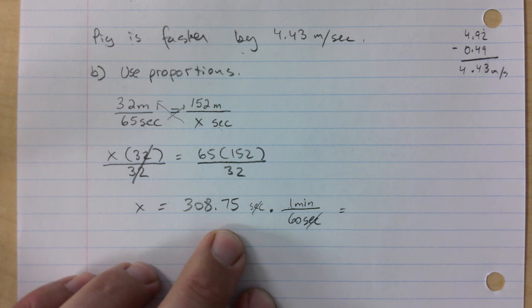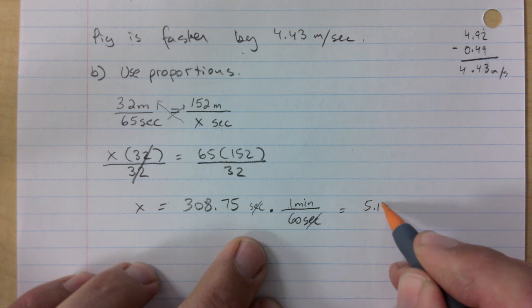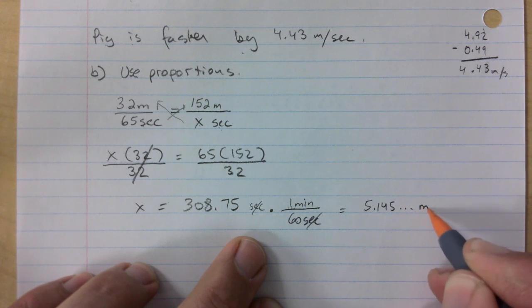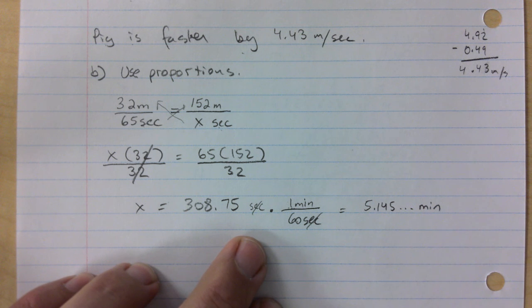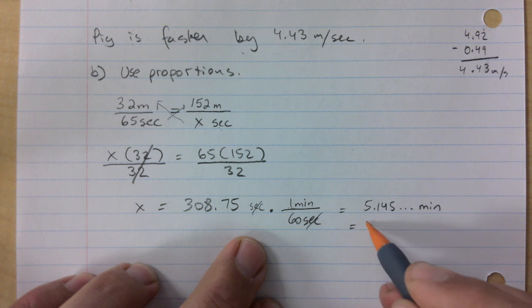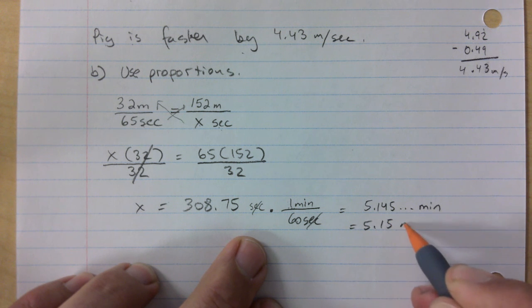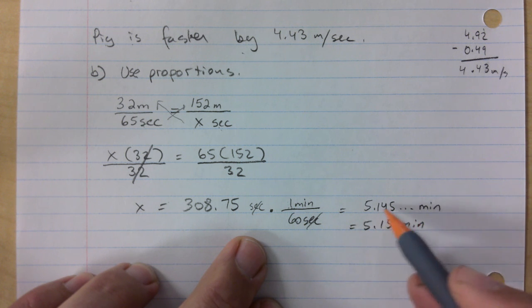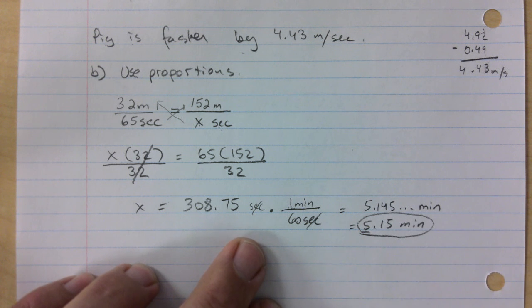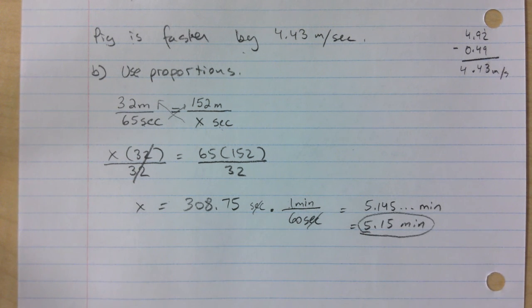So you basically just divide that by 60, and that's 5.1458, and keeps going, minutes. So we're just going to say 5.15 minutes. If you wanted to convert that to seconds, that's fine, but it just wanted it in minutes. So that is my answer there.